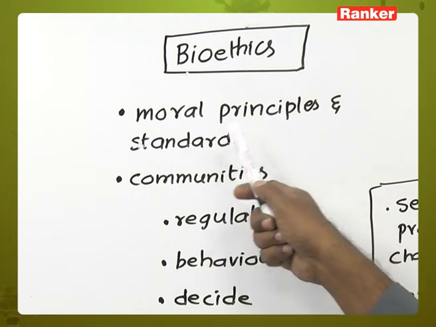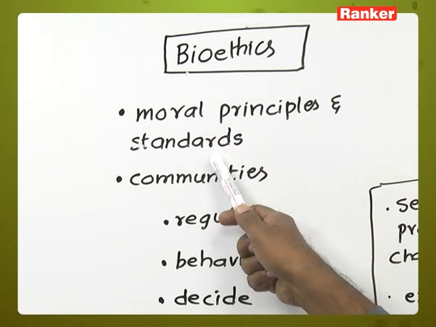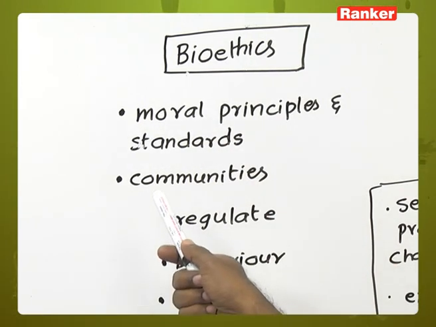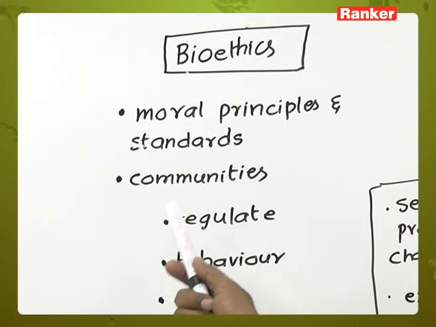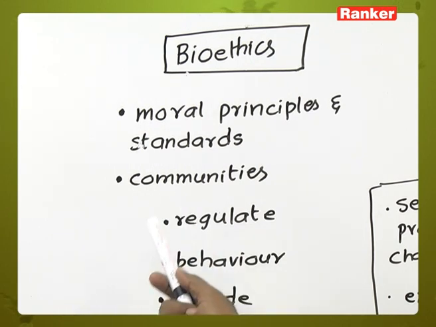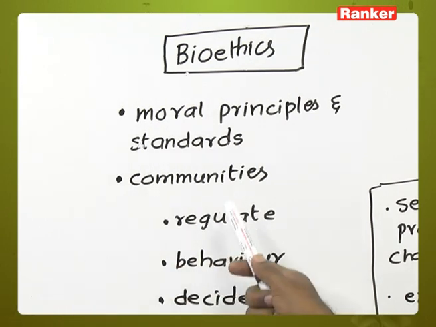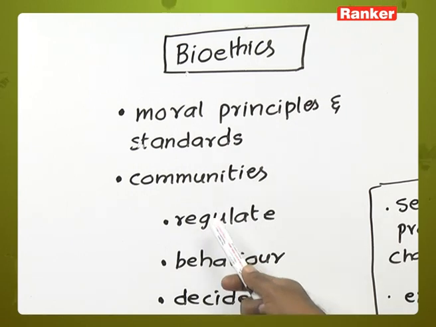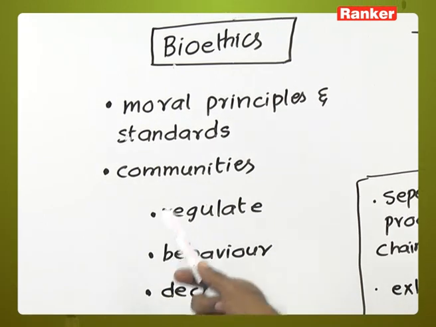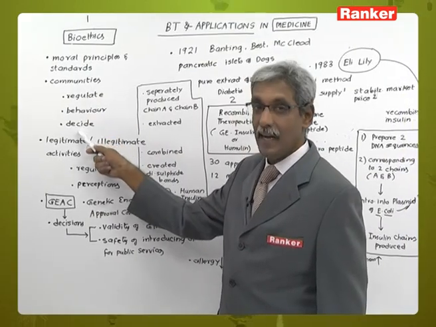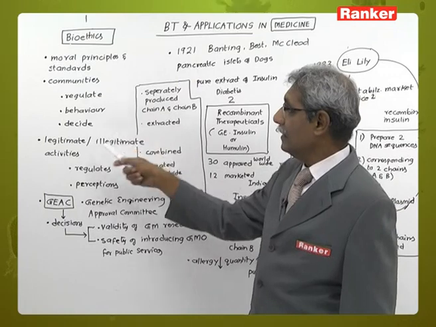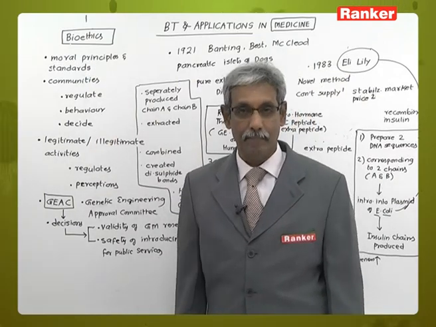When we are talking about moral principles and standards of communities, we have different people with different races and different communities, different customs, attitudes, religions, perceptions and history. So, if you are looking at how communities regulate themselves, how they behave and how they decide about biotechnology issues, then we talk in terms of bioethics.